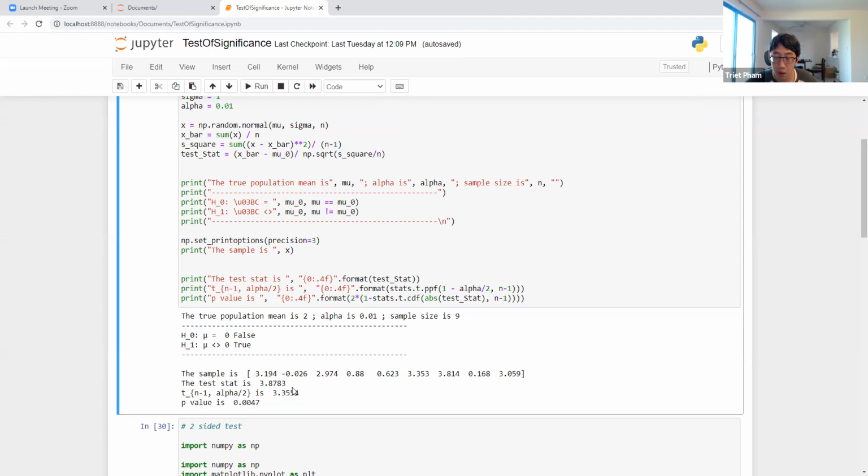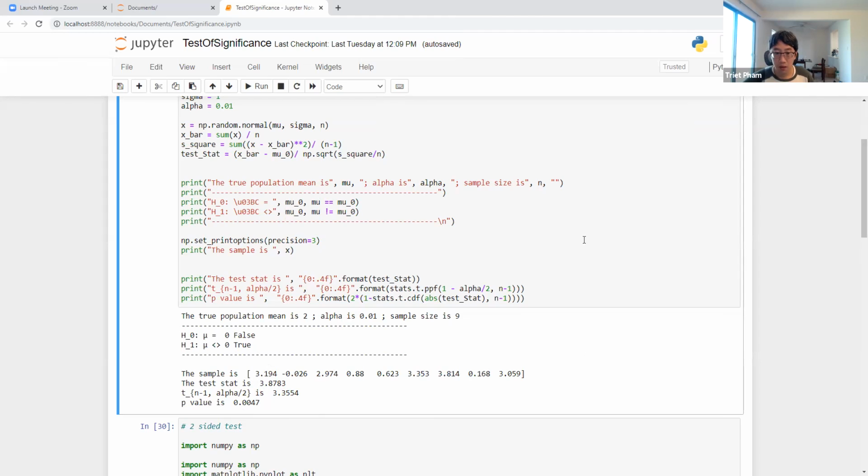Remember, you reject when the absolute value here is bigger than this. And what about the p-value? I will reject if the p-value is less than alpha. So here, the decision between the test stat and the p-value are the same.